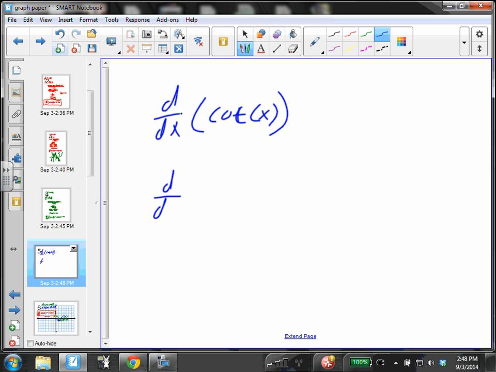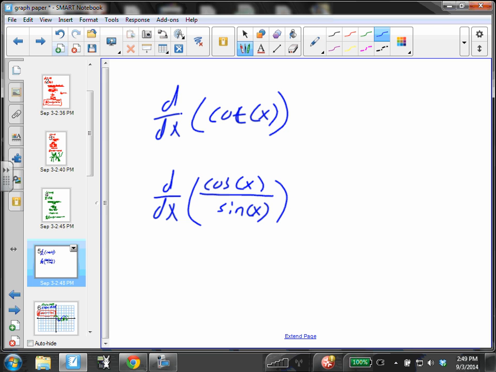So I'm going to start by changing this thing into sines and cosines, right? Because I know their derivatives, that's no problem. So what does cotangent actually change into? Very good. It is cosine over sine. And cotangent is equivalent to cosine over sine.